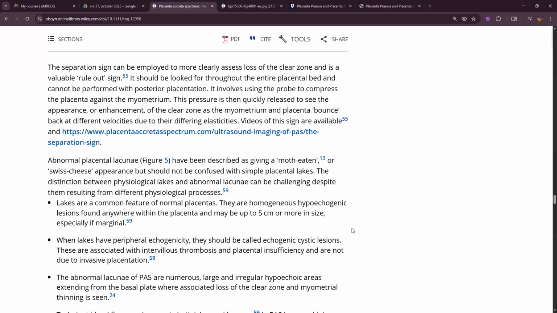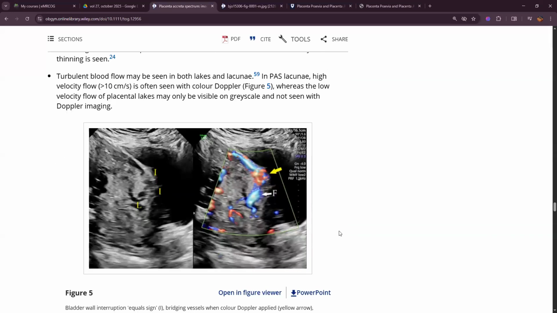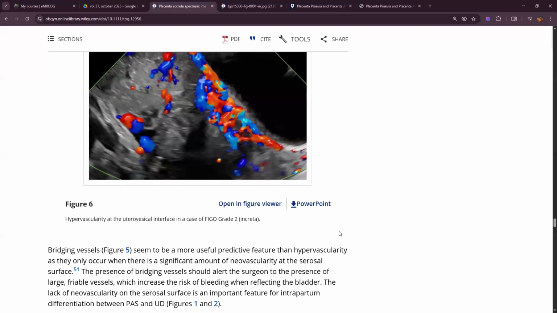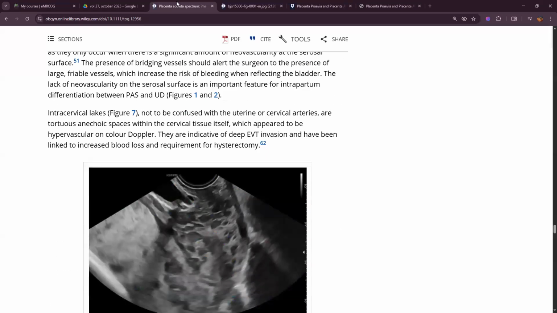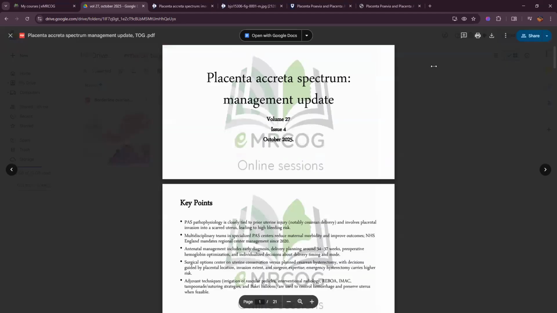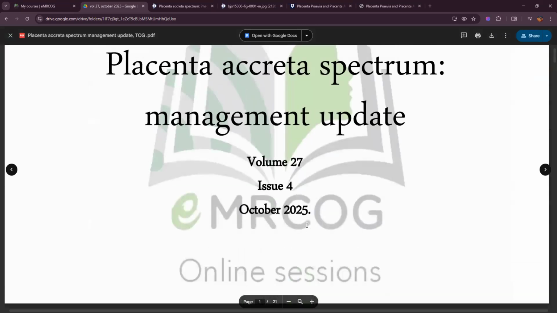There are more and more ultrasound findings that we can discuss if we reach the January 2025 issue. But if we discuss it today, the session is going to be very long. So today I'm going to focus on the management update, and they were looking for only one thing.